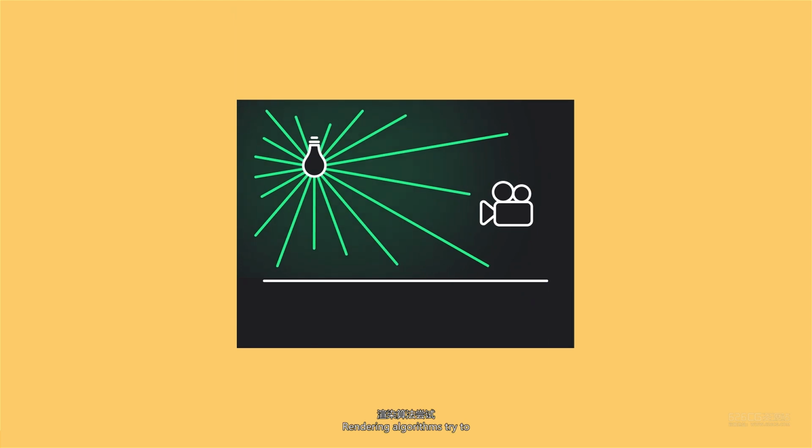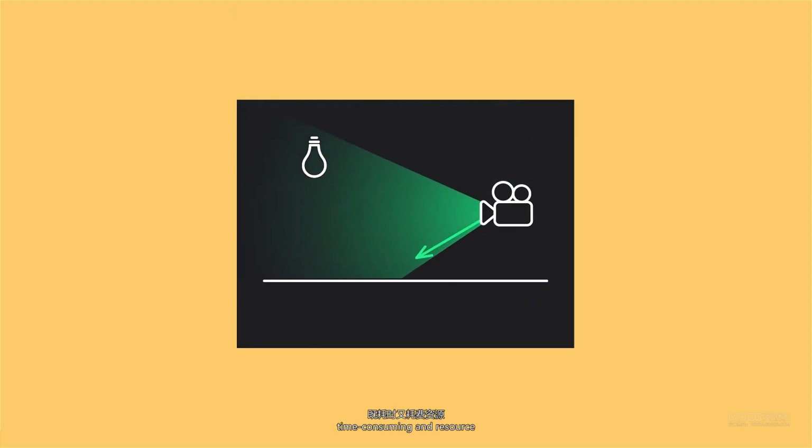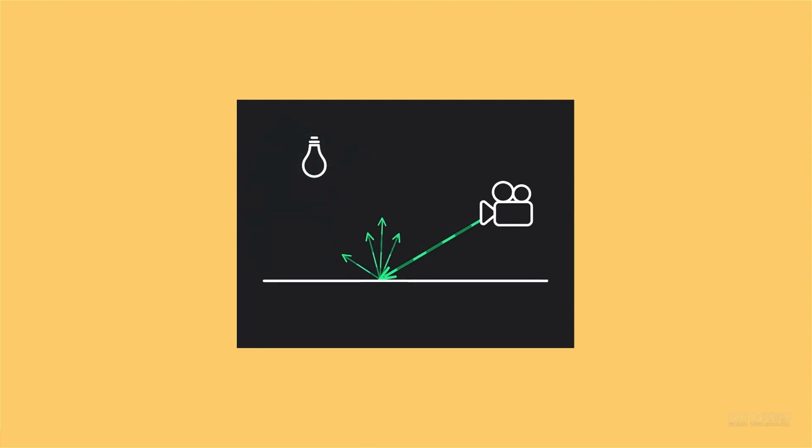Rendering algorithms try to recreate this process, but rendering the entire environment is time-consuming and resource-intensive. After all, light sources shoot rays in all directions, and there are many rays that can fly away from the camera and never get into the lens. To solve this problem, we will work according to the reverse algorithm. Now the camera itself emits rays that literally feel everything until they meet a light source.